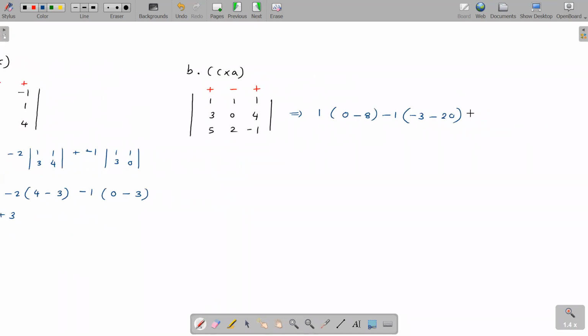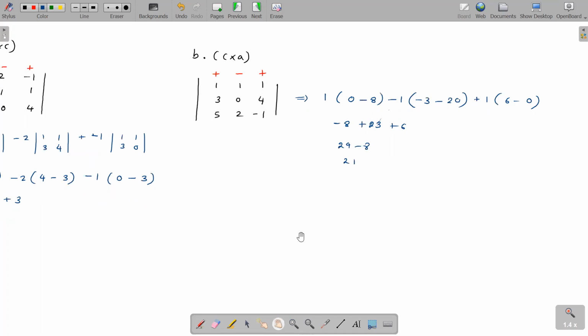And last one plus 1 times, let's multiply 3 times 2 is 6 minus 5 times 0 is 0. So what do we get here? Minus 8 plus 23, right? Plus 6. So 23 plus 6 is 29. 29 minus 8 is 21.